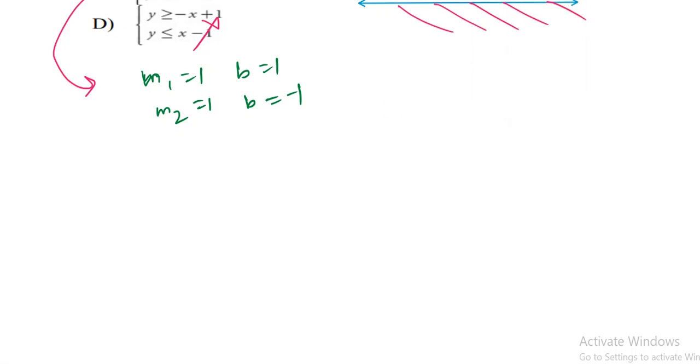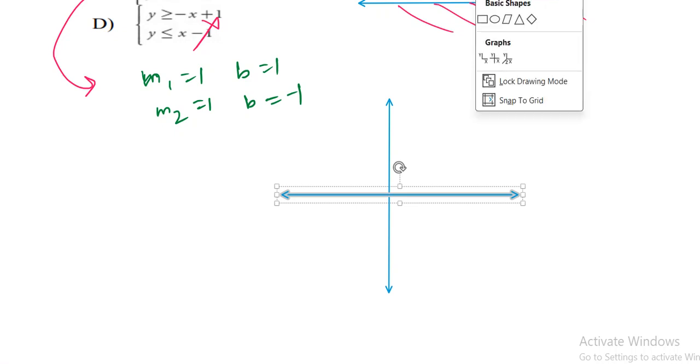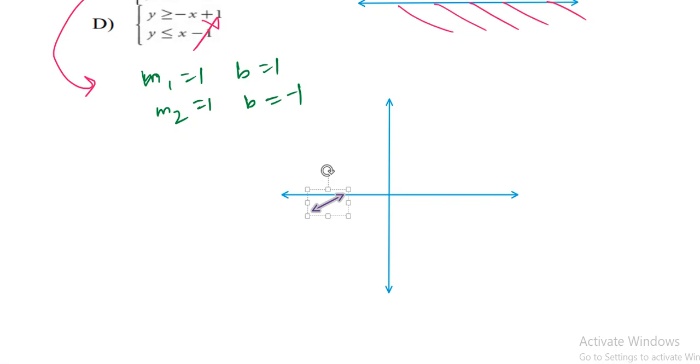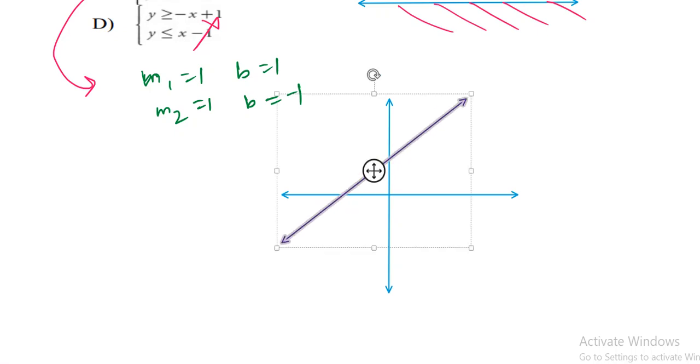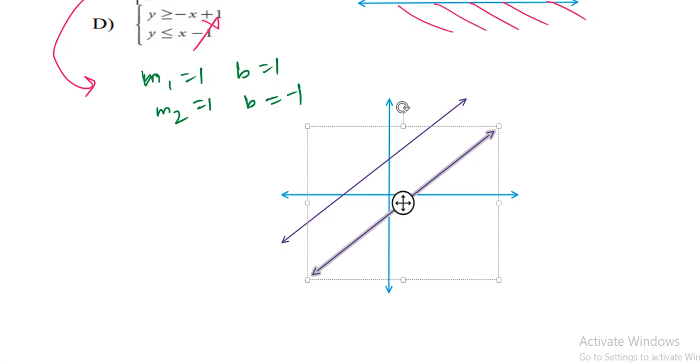This is a graph, and this is a y-intercept line, this line, and these are two parallel lines of y-intercept.